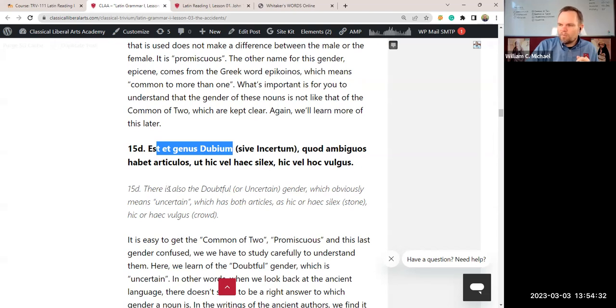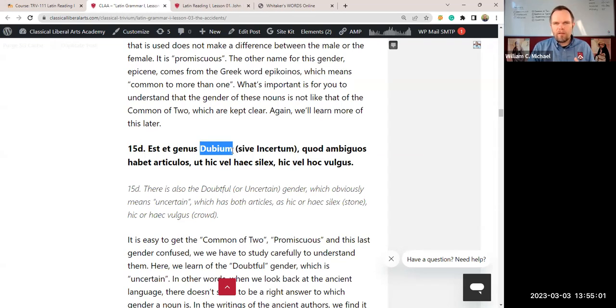So the rule says there is also the doubtful gender, which means uncertain, which has both articles, such as hic or haec silex, hic or haec vulgus. In other words, for the doubtful gender, we find one place where the Latin speakers thought of this thing as a masculine thing, and we find other places where they talked about it as a feminine thing.